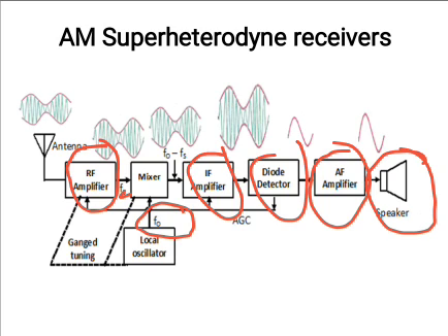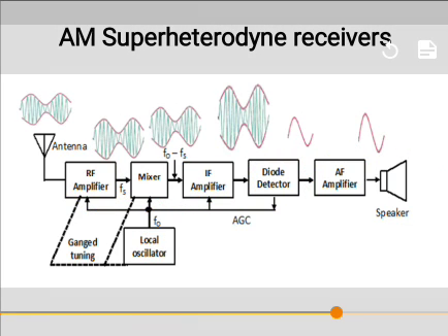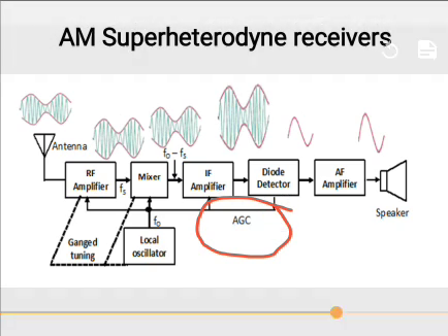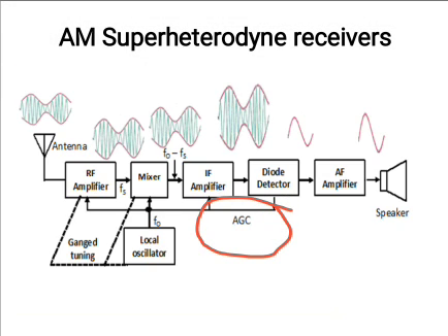An important part of the superheterodyne receiver is AGC, automatic gain control, which is given to the radio frequency stage, IF stage and mixer stage, in order to generate a constant output irrespective of changes in the input signal.